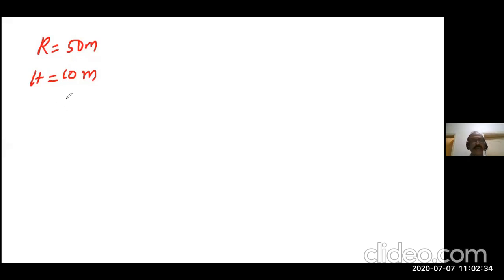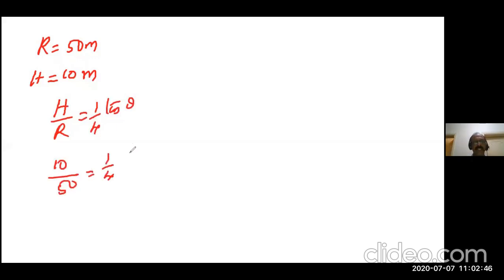So again, the formula we have is H by R is equal to 1 by 4 tan theta. H is equal to 10 given, R is equal to 50 given. H by R is 1 by 5, which is equal to 1 by 4 tan theta.